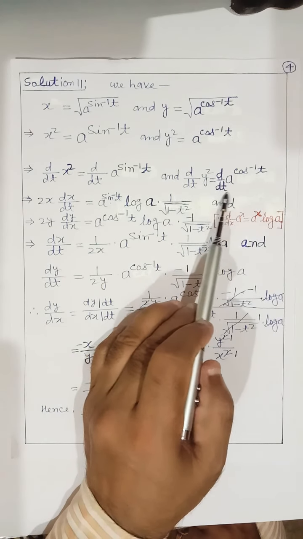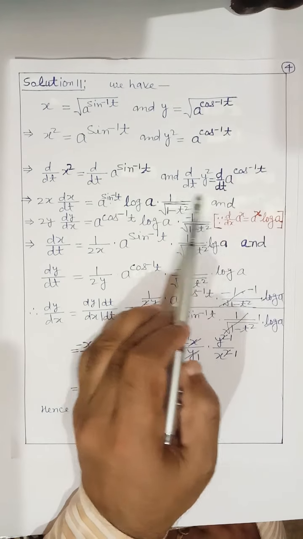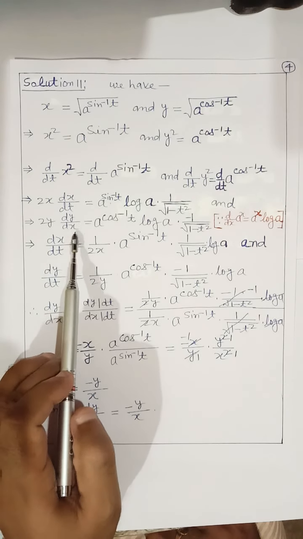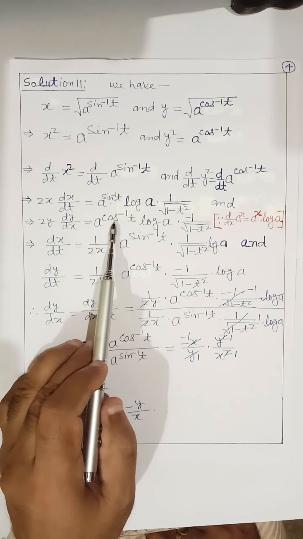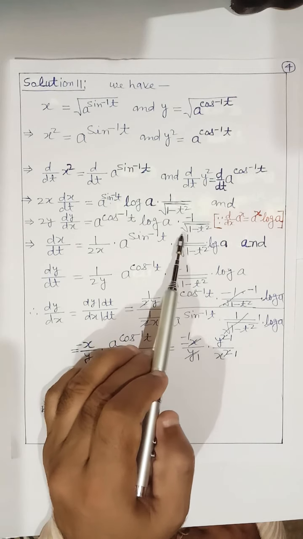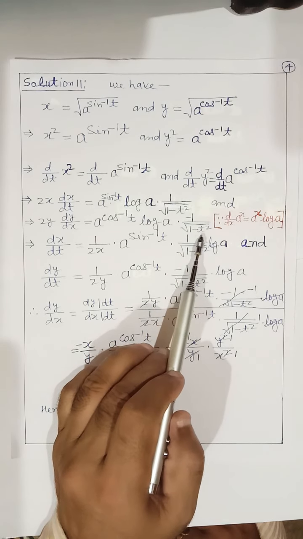Similarly we can differentiate this and we get 2y dy/dt equal to a to the power cos inverse t log a into minus 1 by square root of 1 minus t square.